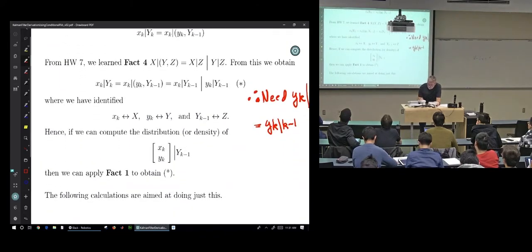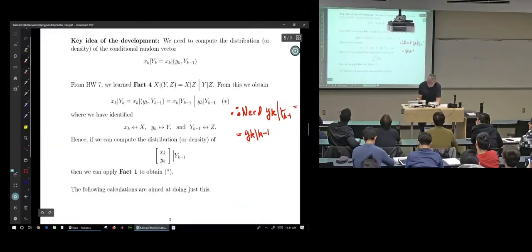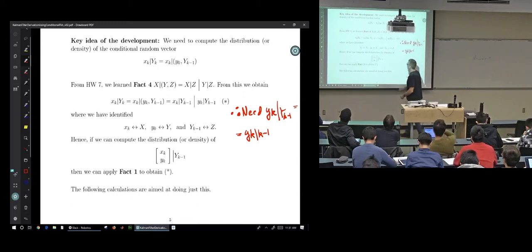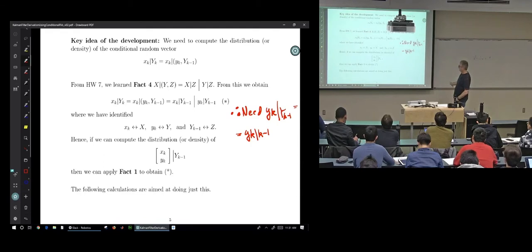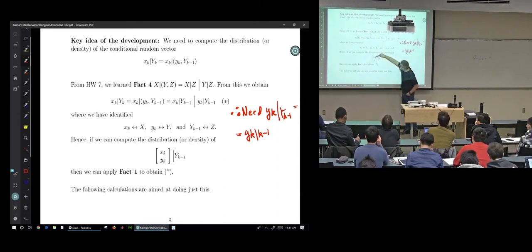Okay, so we need to calculate this conditional random vector. Just like we looked at earlier, if we can compute xk, yk conditioned on Yk minus 1, it's all over. This is just like what we did for MVE, where we computed all of the statistics for x and y, and then we did x conditioned on y.